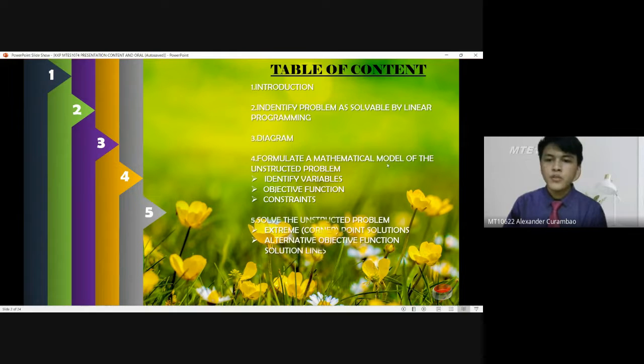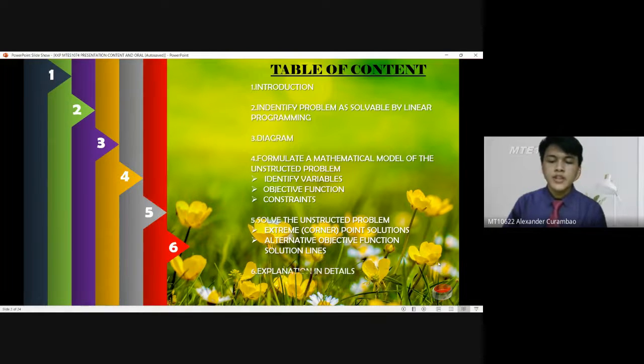Next, after we get the mathematical model, we need to solve the problem. There are two methods that we can use to solve it: the first one is the extreme point, in brackets corner point solutions, and lastly the alternative objective function solution lines. We can choose either one to solve the problem, but in this video, I'm going to show you both methods.